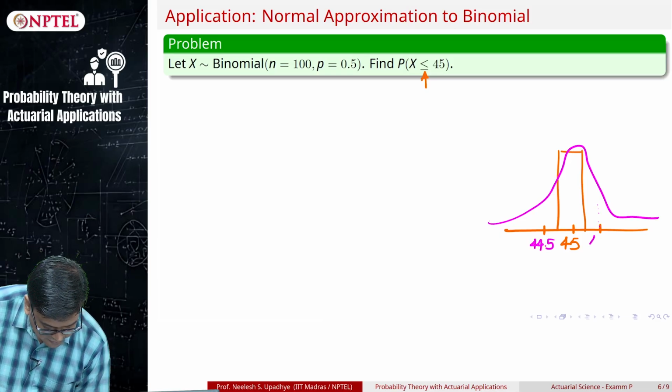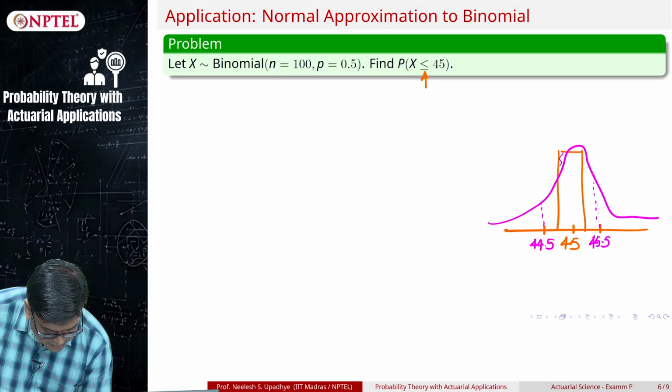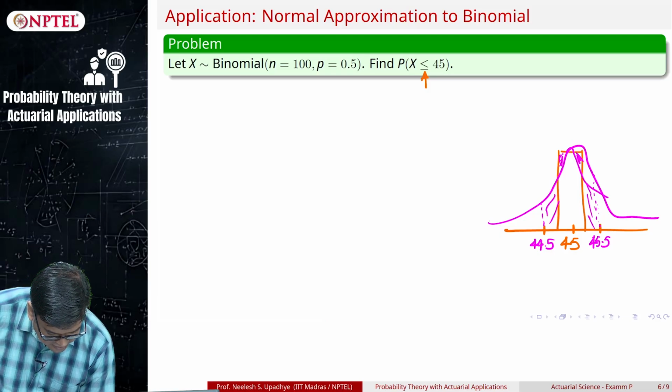So this is 44.5 and 45.5. I have actually distributed the probability mass. This is just an approximation. Ideally something should happen like this, on these edges. So this bar that you are seeing is also distributed on these edges, and now what should we look for?